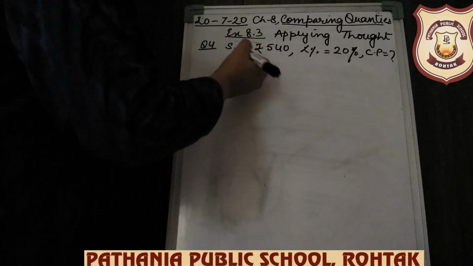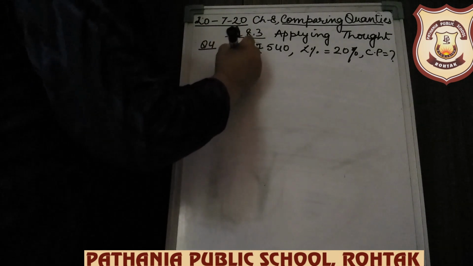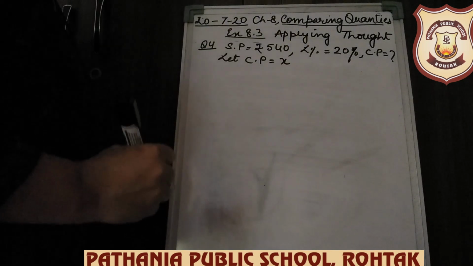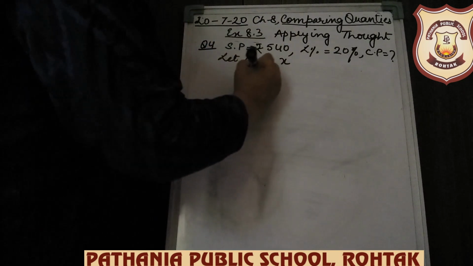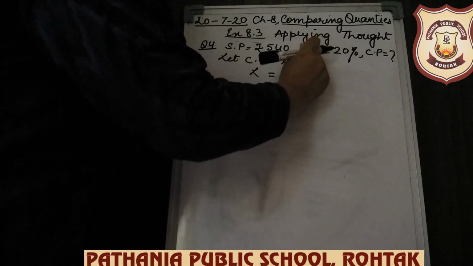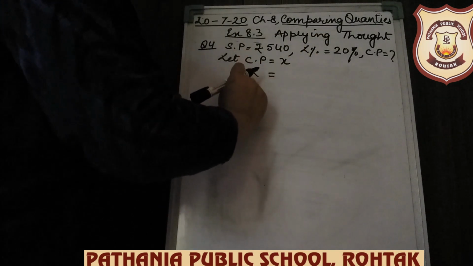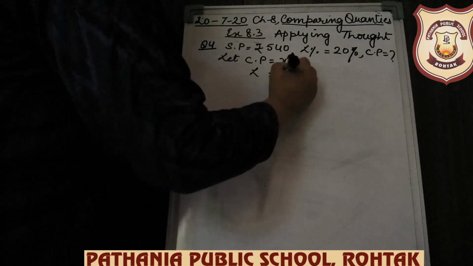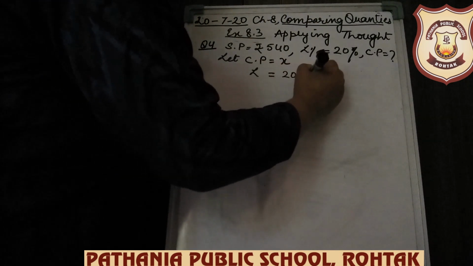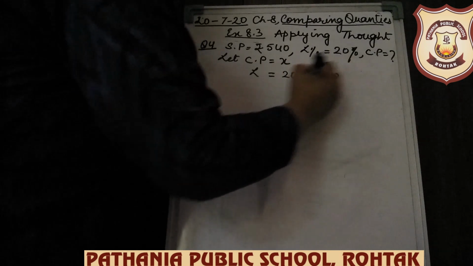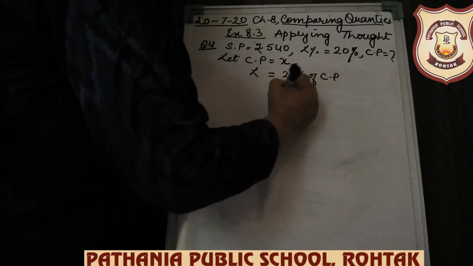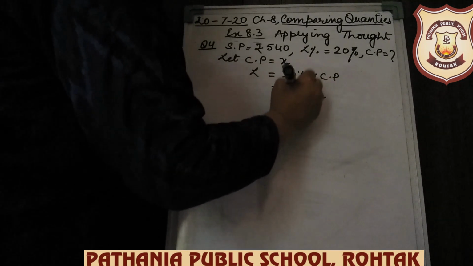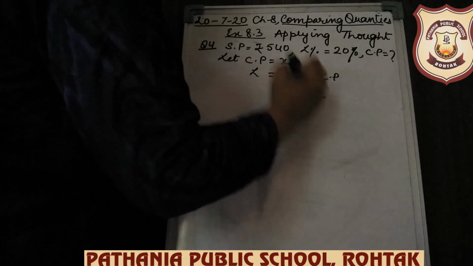Now there are two methods, you can use any. I am taking let CP is equal to X. Then loss is going to be, as it is in percent, I want the loss in money, not in percent. So that is going to be 20% of CP. That is 20 upon 100 multiplied by X. 0 get cancelled and 2 5s.